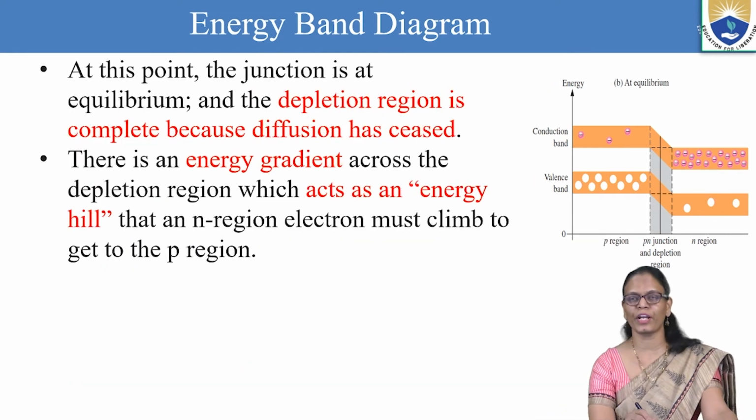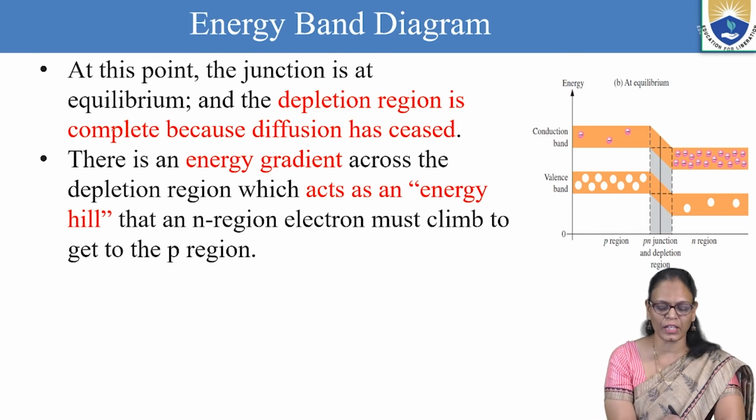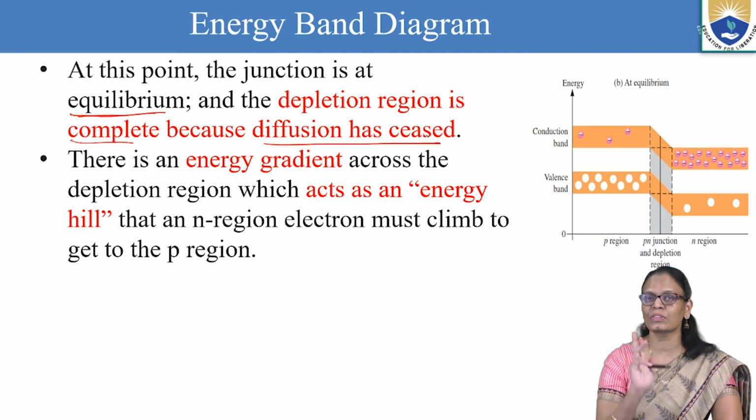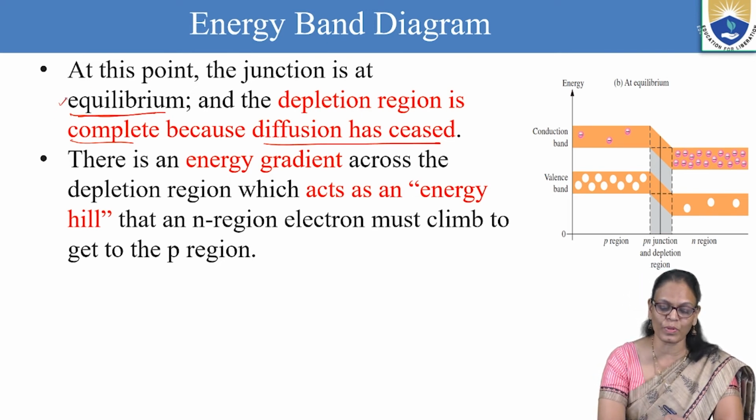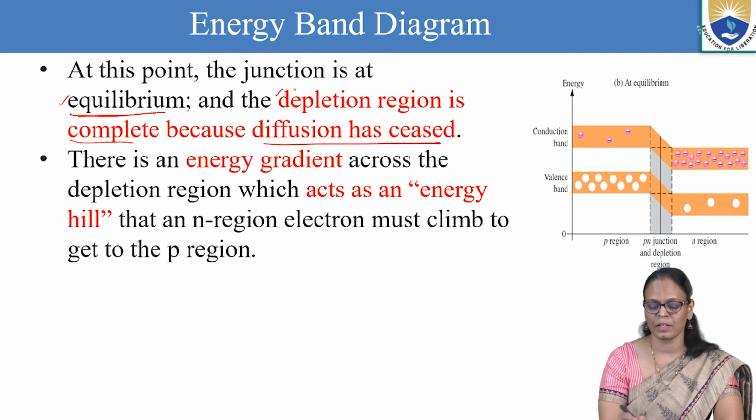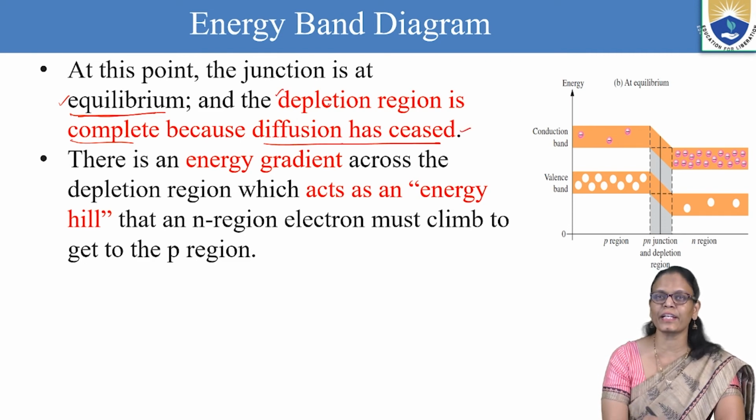At this point, the junction is at equilibrium, the depletion region is complete and the diffusion has ceased. So three things we are observing here. The junction is at equilibrium, the depletion region is complete, and the diffusion has ceased. They are interconnected.